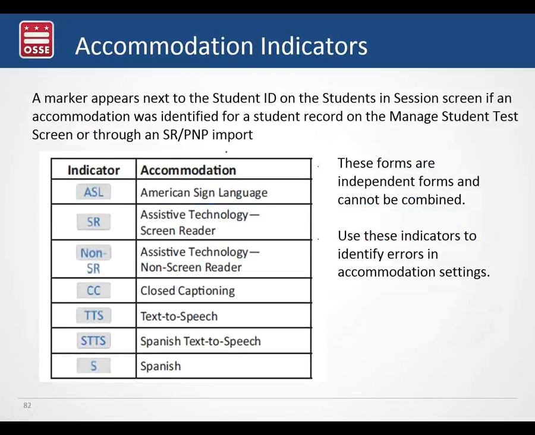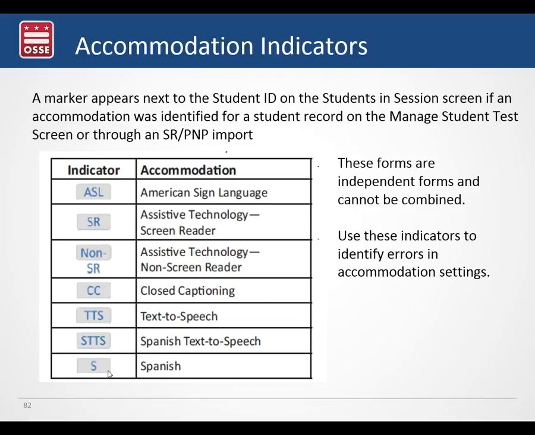So those accommodation indicators that I mentioned in the test session, if a student has a need for an ASL form, for a screen reader form, AT technology or assistive technology non-screen reader form, closed captioning, text-to-speech, Spanish text-to-speech, or Spanish form, you will see those indicators next to the student's name in the test session if their accommodation was up to date when the prepare button was clicked.